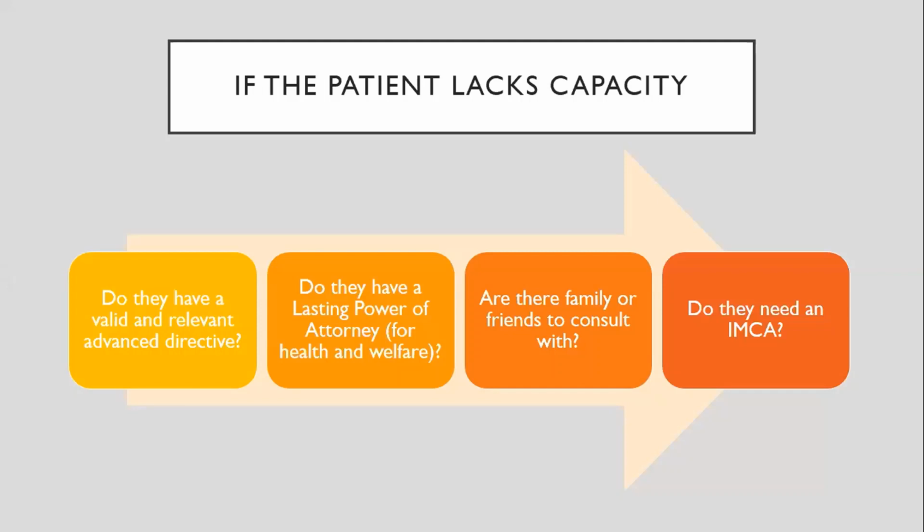And importantly, lasting powers of attorney are two separate things. So there's one for finance and there's a separate documentation for health and welfare. And obviously in medicine, generally what we're interested in is, do they have lasting power of attorney for health and welfare?